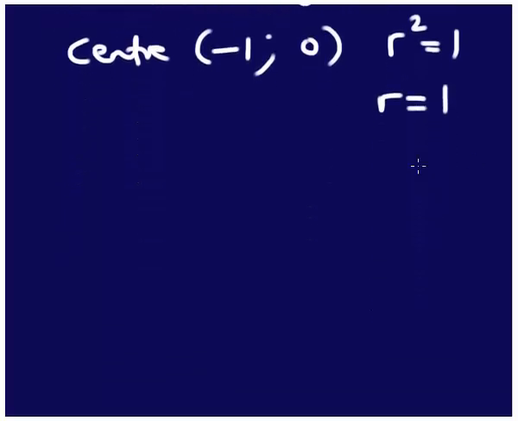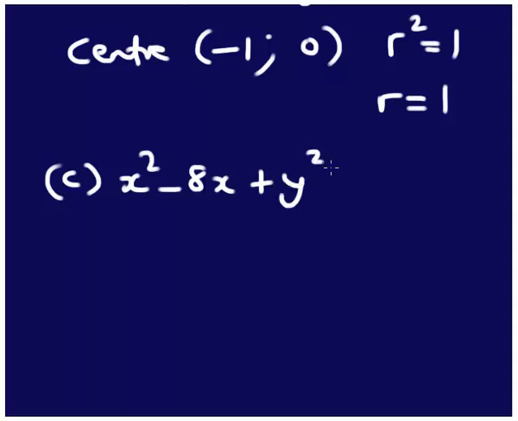Okay, now try number C. If we have a look at this, okay, x squared minus 8x plus y squared plus 6y is equal to 2. Well, we're going to complete the square.